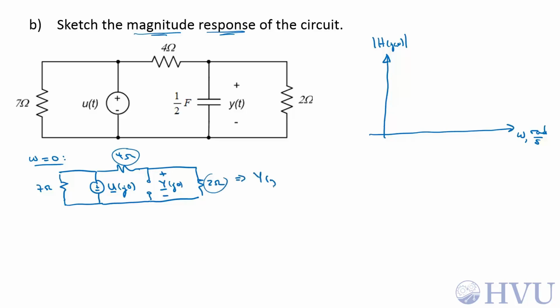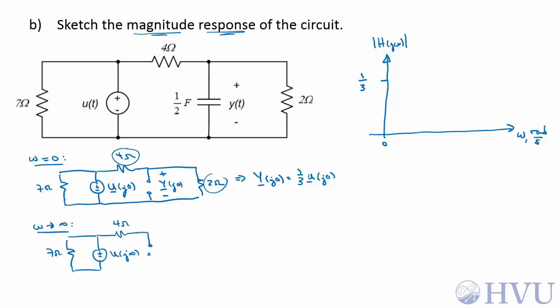So Y(j0) is equal to 1/3 U(j0), and at low frequencies, H(j0) is 1/3. As omega goes to infinity, another problem that we already did, the capacitor looks like a short circuit at high frequencies. And of course, there is no voltage difference across a short circuit, so Y(j∞) is equal to 0, which means that this goes to 0 at high frequencies.